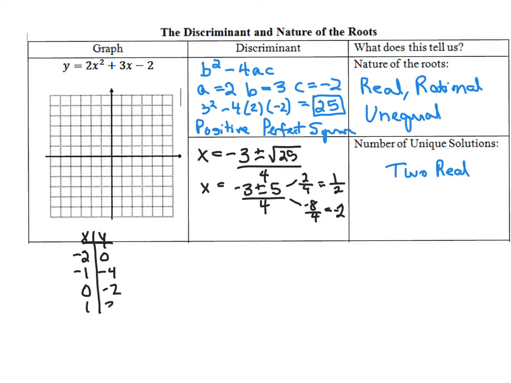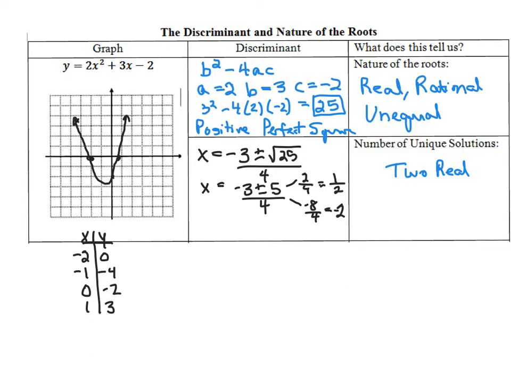And 1, 3. So when I graph this, I of course am crossing the x-axis at both negative 2 and at positive 1/2. And I see that I'm crossing the y-axis at negative 2. And I can make my parabola. Sketching it out, it looks something like this.